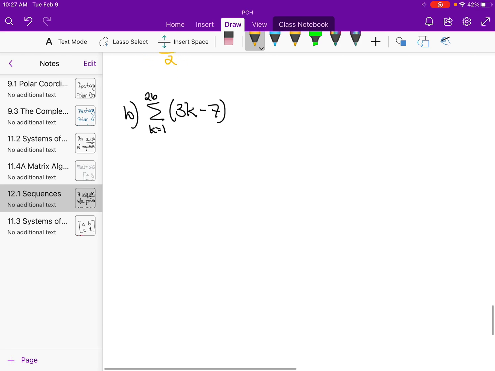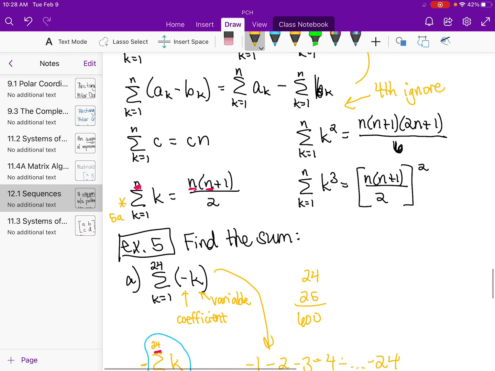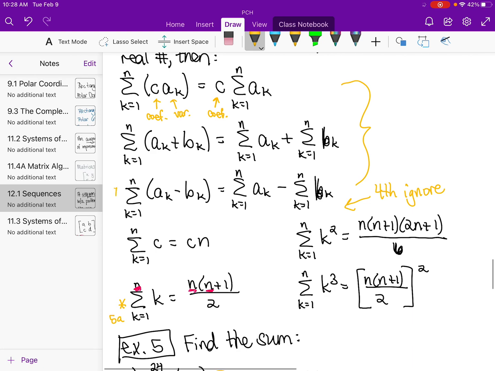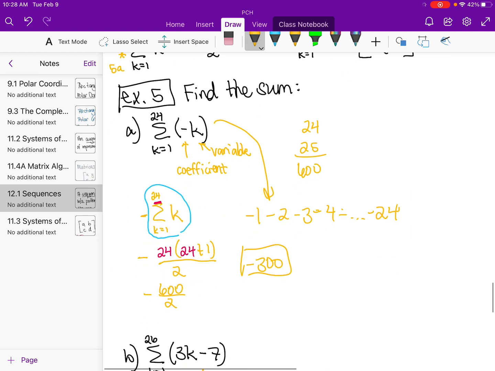Okay, so now on this one, I see that I have subtraction. That's the first thing that I'm noticing. So I want to look up here. Where do I have subtraction? Right here. So this tells me I can split it up into two separate sums.